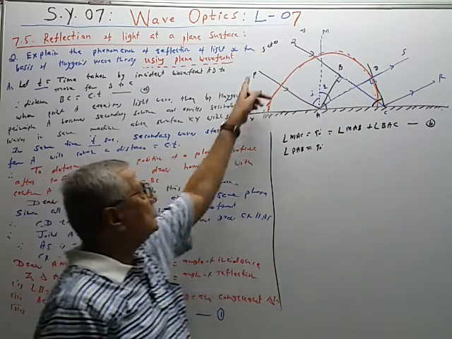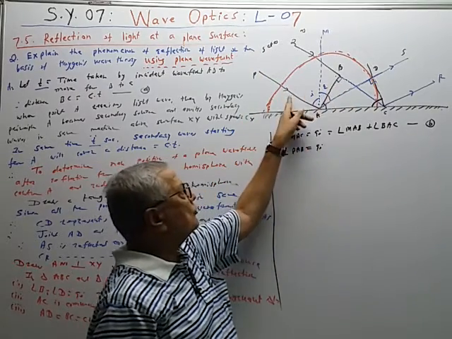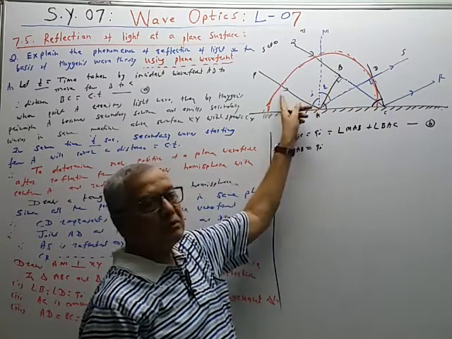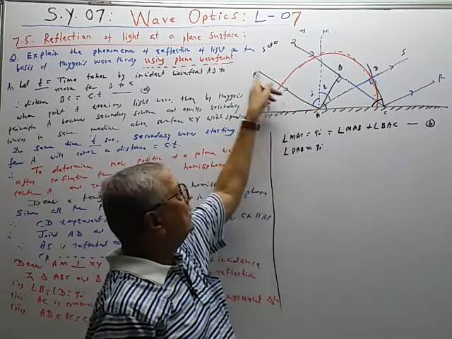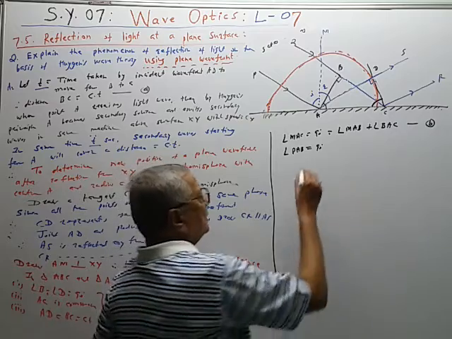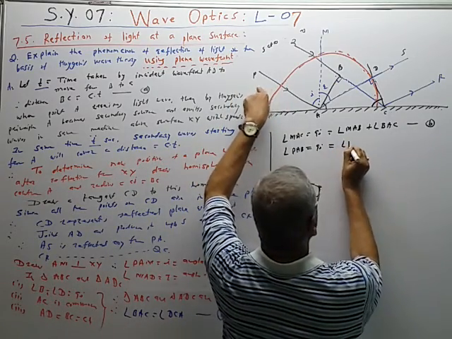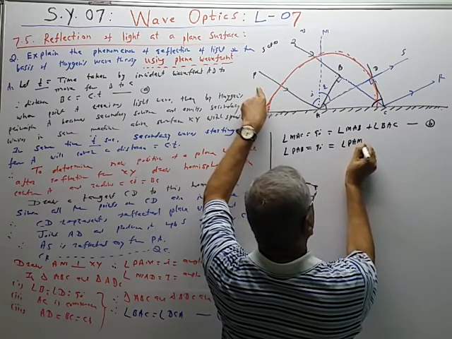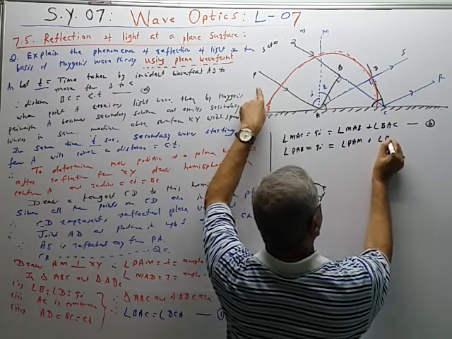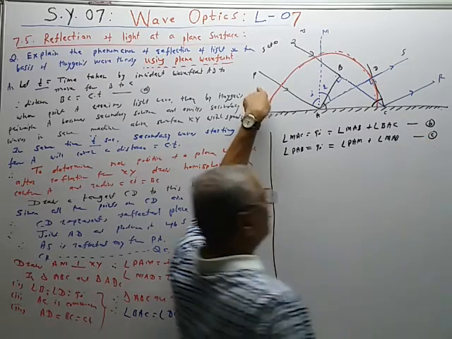Why 90 degree? Because this is the ray of light, the wave normal, and this is the wavefront. So wavefront and wave normal are always perpendicular to each other. AB is a wavefront and this is the wave normal. Therefore this angle is 90 degree. And this is also the sum of the two angles. One angle is PAM and other angle is MAB. So this is the equation C.